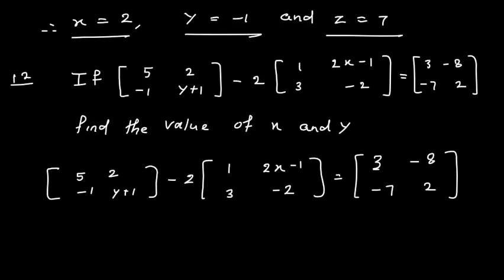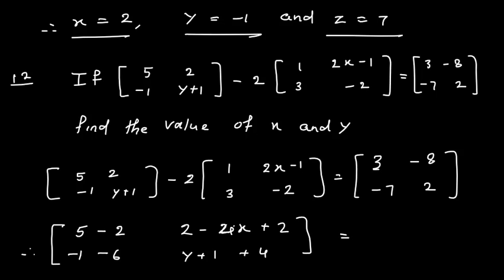So therefore I have 5 minus 2 into 1, we have 3. Then the second element is 2 minus, here it is 2 into 2x, which is minus 4x, and then minus 2 into minus 1 is plus 2. Now second row, here we have minus 1 and this is minus 6. Then here we have y plus 1 and here we have 2 plus 2, 4, 2 into 2, is equal to, on the right hand side, 3 minus 8 minus 7 and 2.